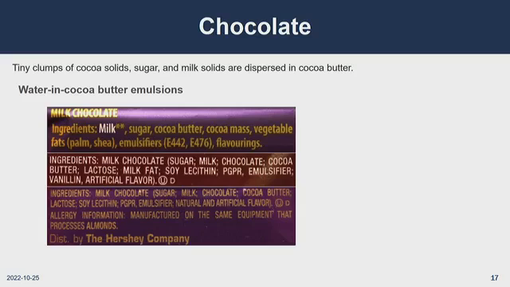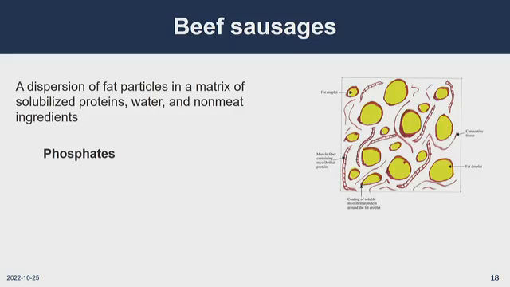So, what else? Beef sausage. You said oil in... you said water in oil. I don't remember, what did you say? I think some of you said water in oil, and some of you said oil in water. It is a dispersion of fat particles in a matrix of solubilized ingredients. Chocolate is a solid, and beef sausages are solid too.